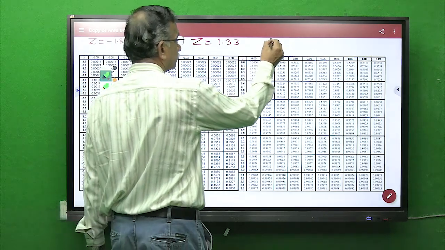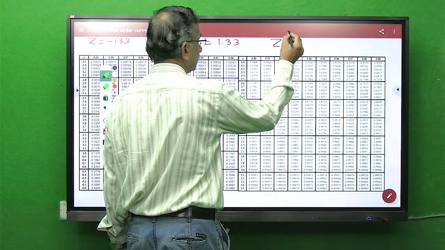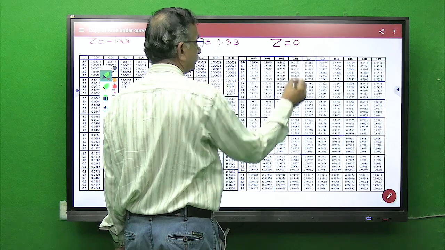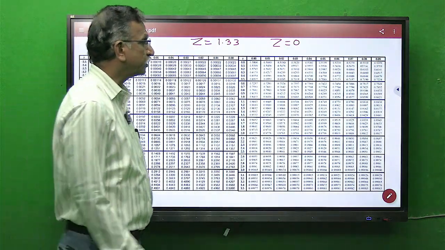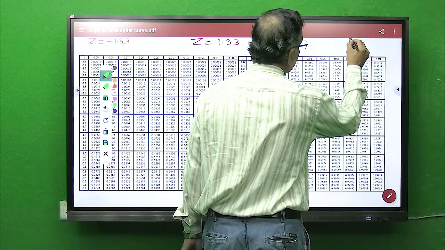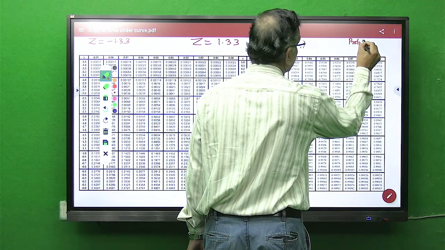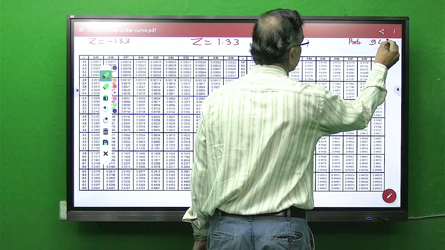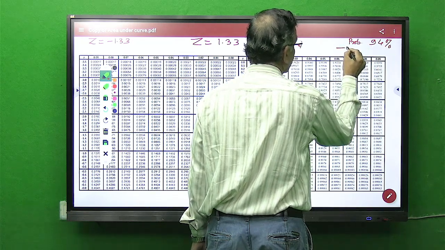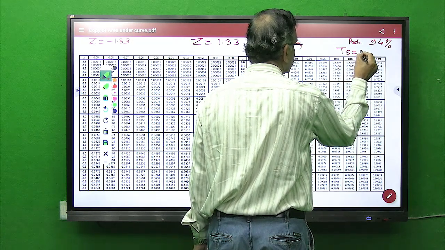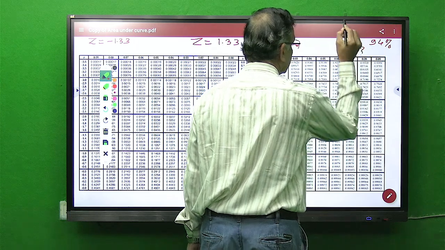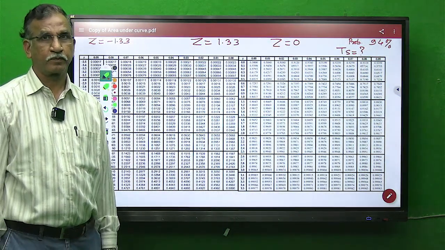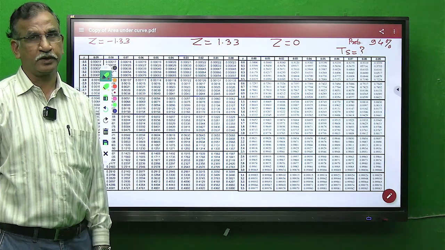And our third case was z equal to 0. And our fourth case was probability given 94%. What was asked? TS was asked. With this background, now let's move ahead.